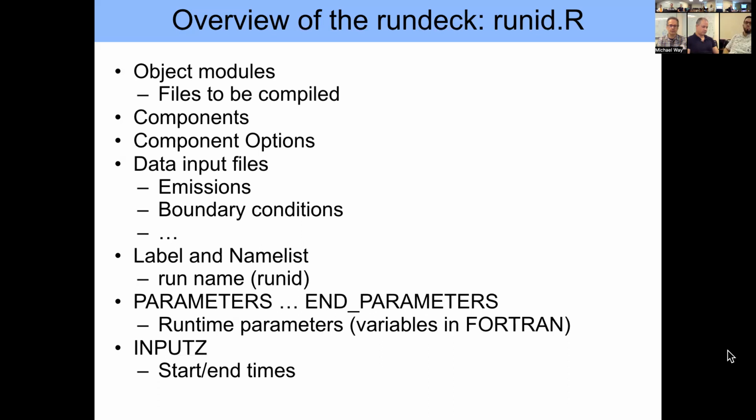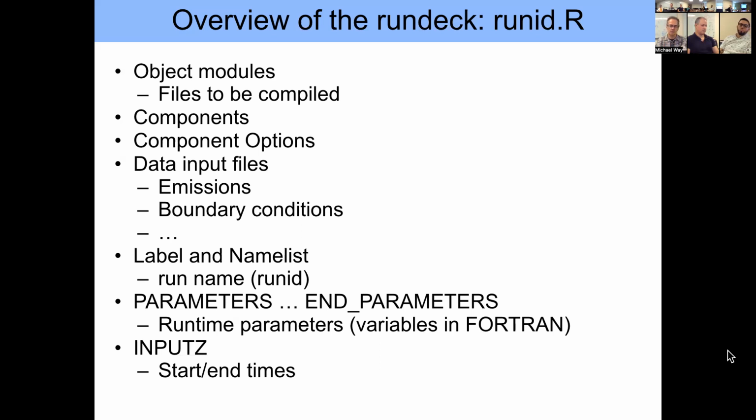The important thing is that these components have their own make file that describes how to compile them, and you don't have to list the files in the components. The make file in the components is responsible for that. Depending on the component, you can provide some options on how to compile it, and these are listed in the component options.